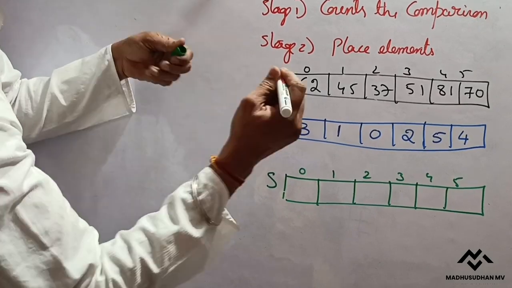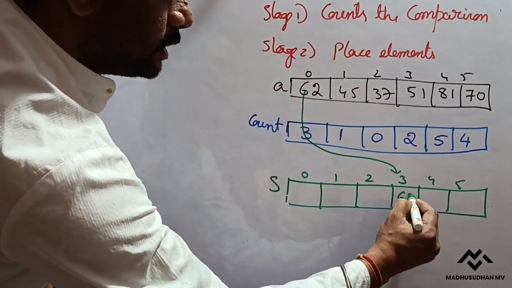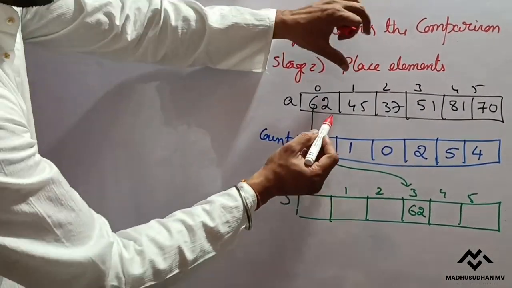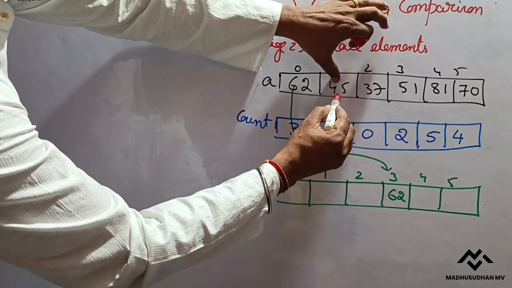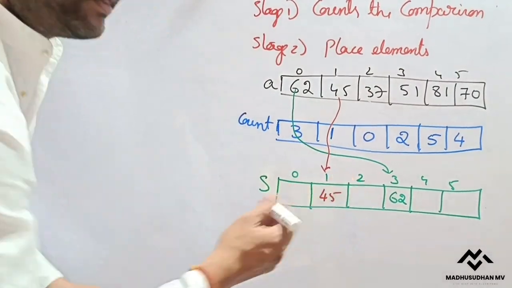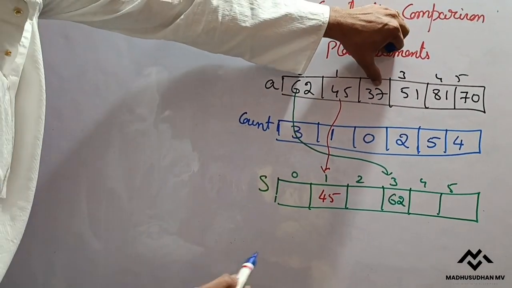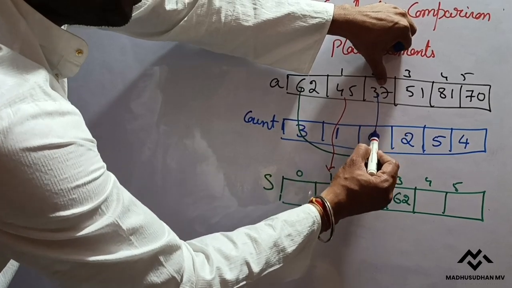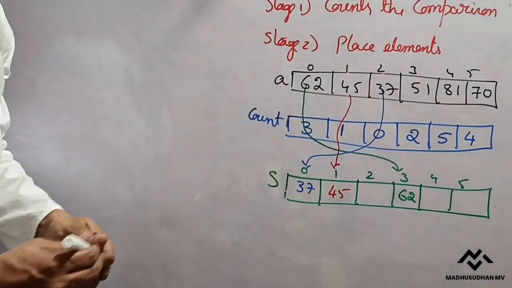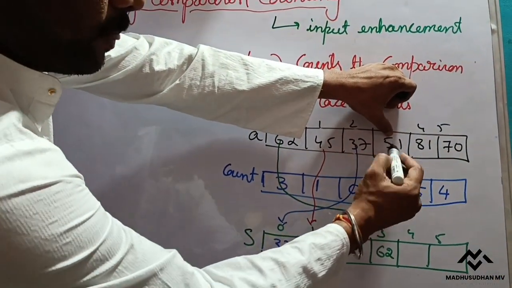Similarly, 45 I need to place in position 1. Now I need to place 37 in position 0. Similarly, I need to place 51 in position 2.